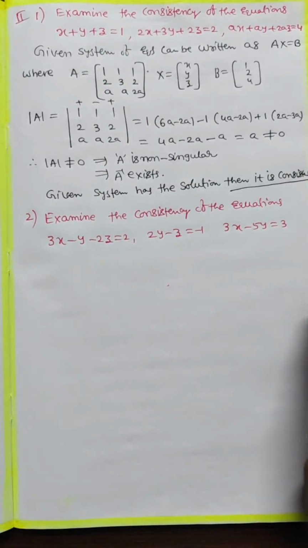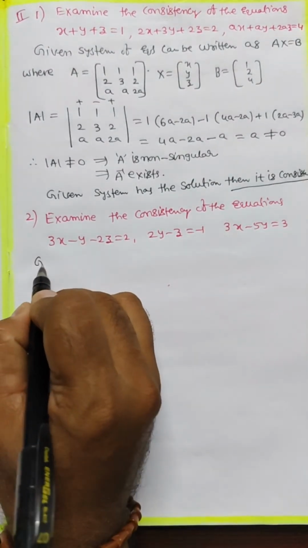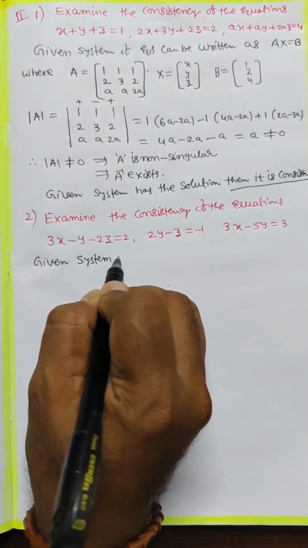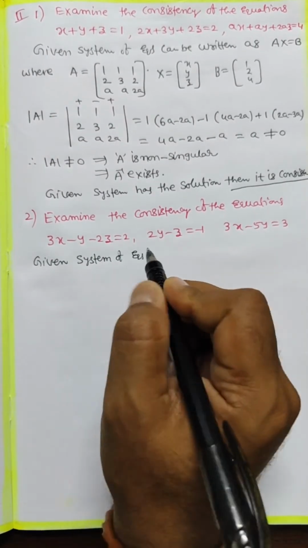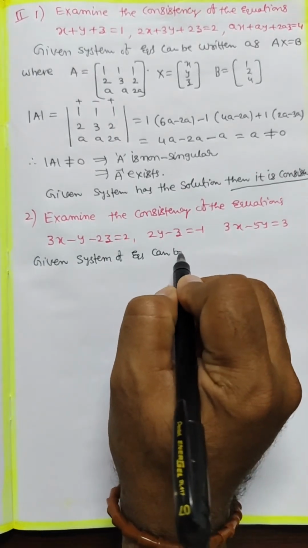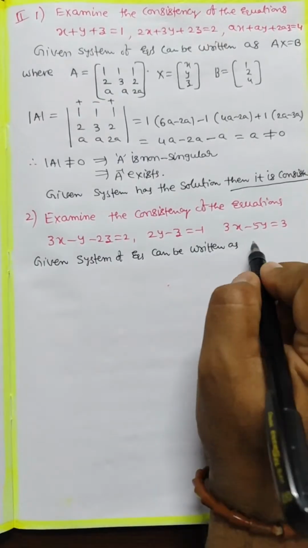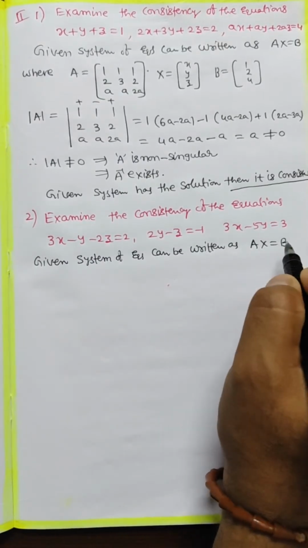What we have to do? First, the given system of equations can be written in AX = B form.